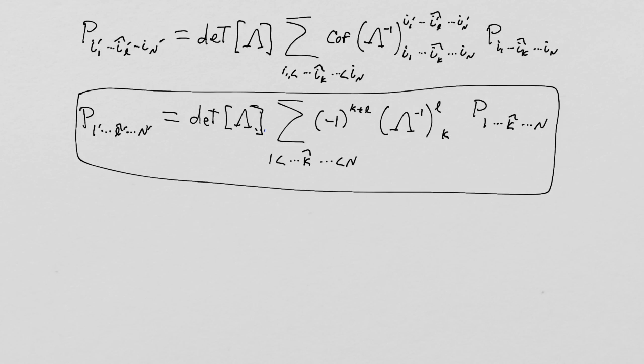But now that's looking a little bit easier, right? This sum has n terms, so it's not a huge, crazy sum. You don't have to go through every permutation. It's just n terms, one at a time. Every single one of the components in the unprimed system has a role to play, multiplied by some matrix element, and that gives you the components in the primed system. And you need to know the determinant of the matrix to get this formula to work.